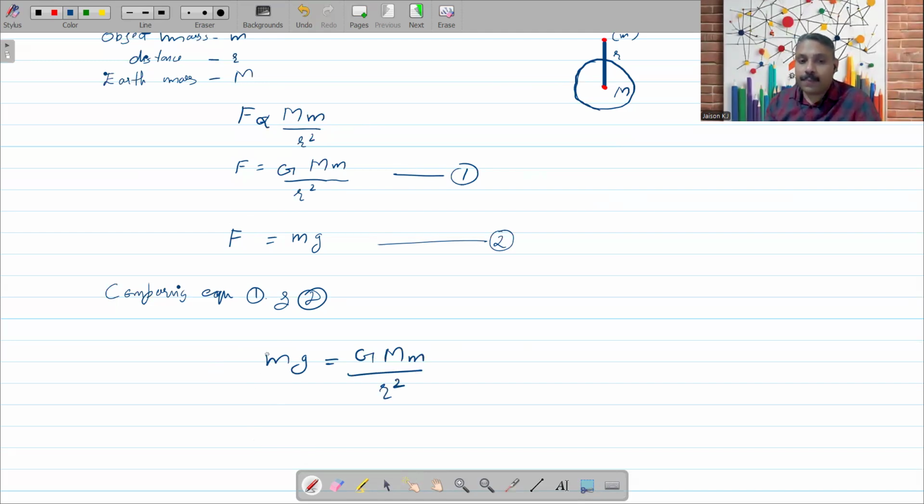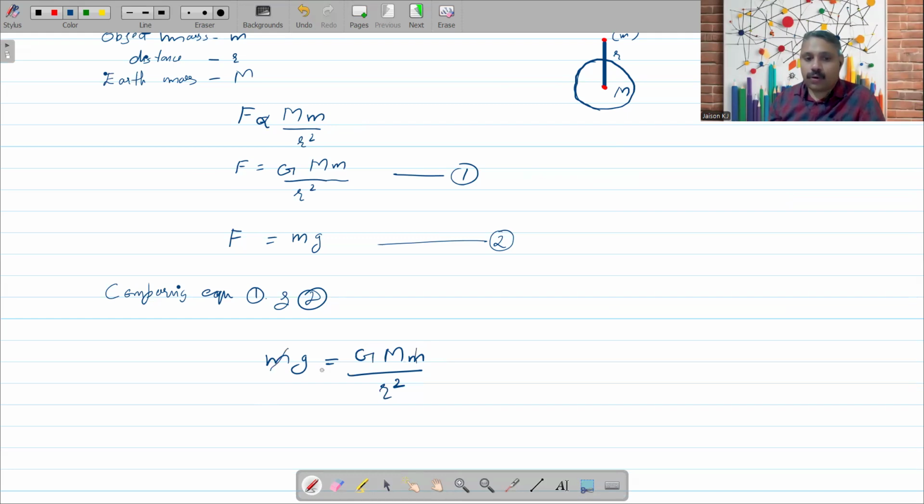So what is this small m? Tell me, what is this small m? Small m represents the mass of the object. And what is this other small m? Same, that is also the mass of the object. So on LHS and RHS, small m is the same mass of the object, so let's cancel each other.